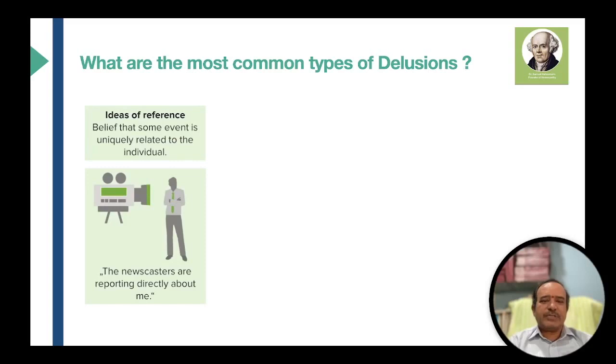So whatever happens, they think that it is uniquely related to the individual. They believe that some event is uniquely related to the individual. The newscasters are reporting directly about me. Whatever they see on TV or in the newspaper, they think that it is related to me. It comes into the ideas of reference.